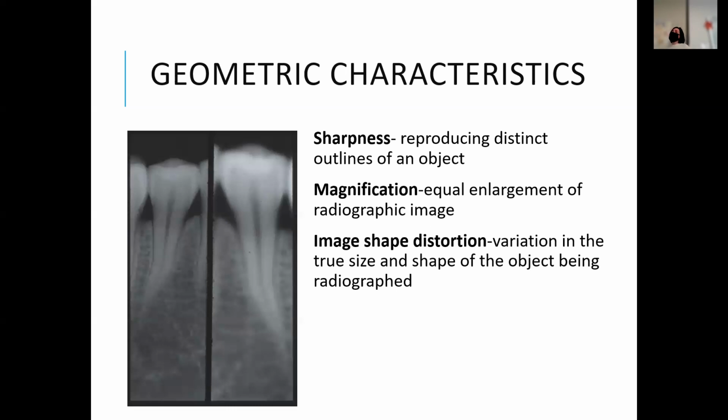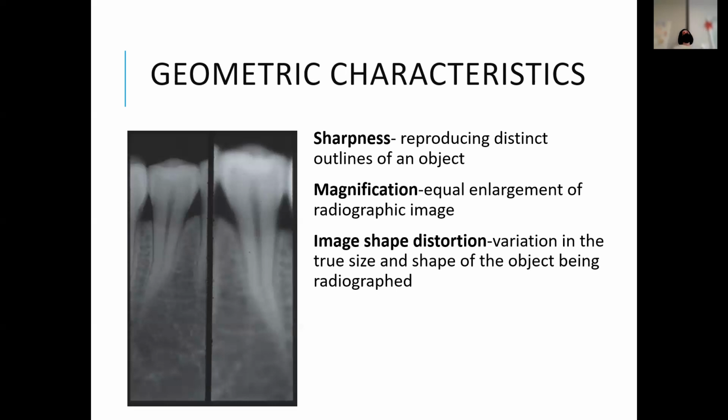And then image shape distortion, variation in the true size and shape of the object being radiographed. So sometimes you'll get this curvature at the ends of the roots, just because of the way the film might have been parallel with the long axis of the tooth up to a certain point, and then just because of the way they sit in the jaw, all of a sudden they're not parallel anymore.